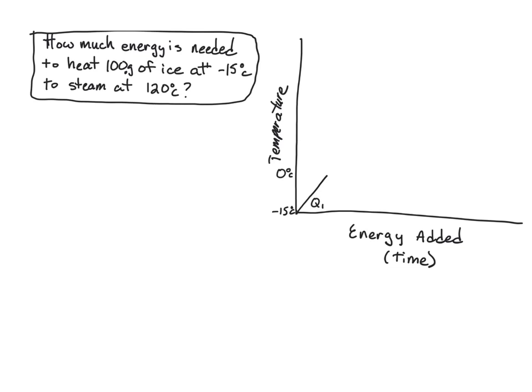So I've taken this ice up to 0 degrees Celsius. Now I can't go straight up to 120, because once this hits 0 degrees Celsius, we're now going to have a phase change. So I'm now going to calculate this portion of the line, and we're going to call this Q2.